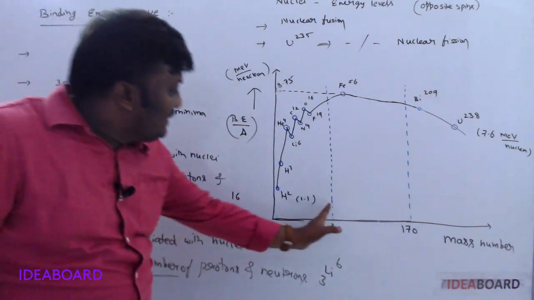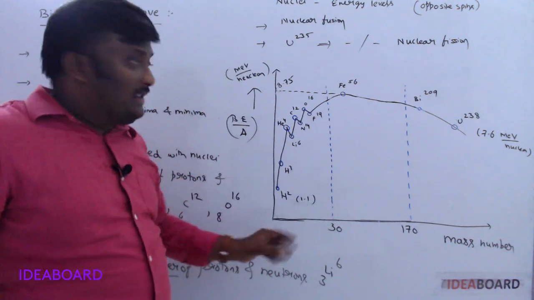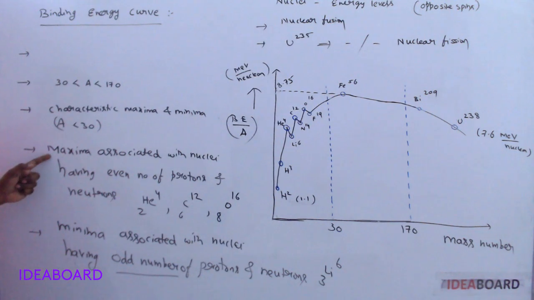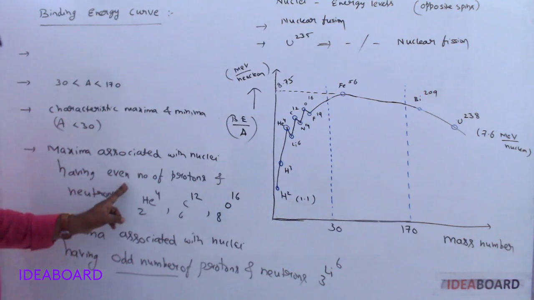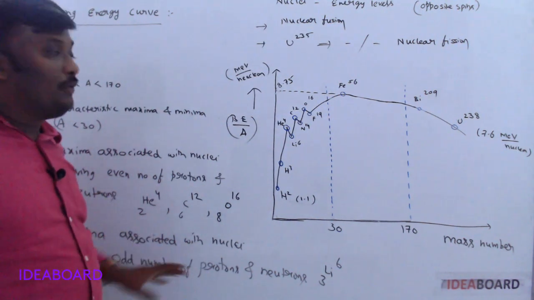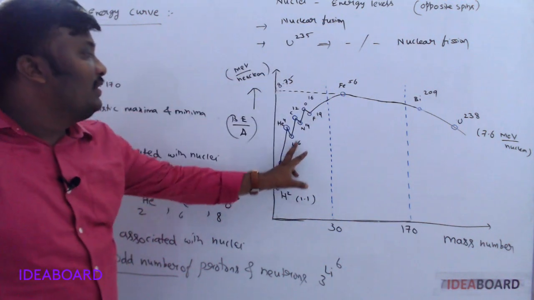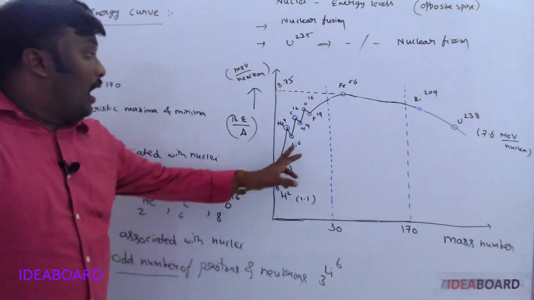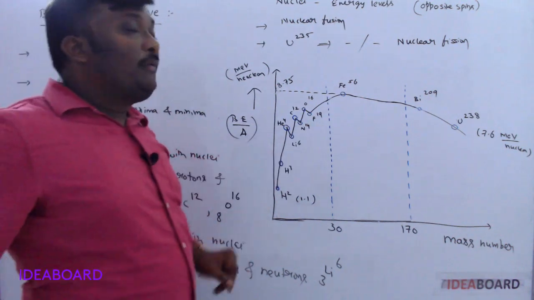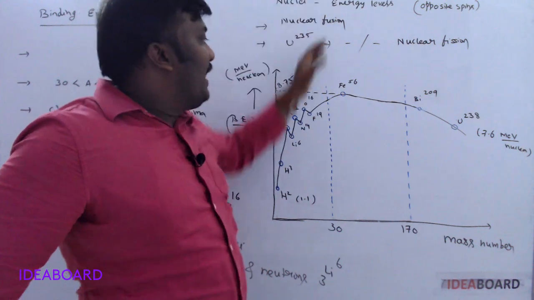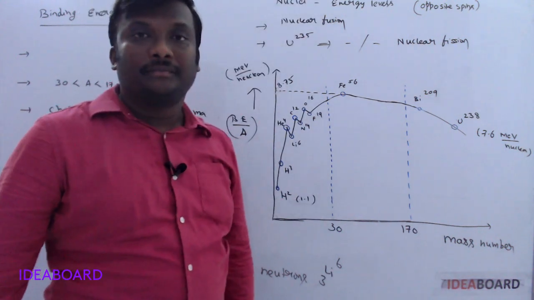Next, there are some peaks observed. Those peaks are related to the maxima. If they have an even number of protons and even number of neutrons, they are more stable compared with the minima, which have an odd number of neutrons and odd number of protons. And the shells indicate that nuclei also have energy levels.